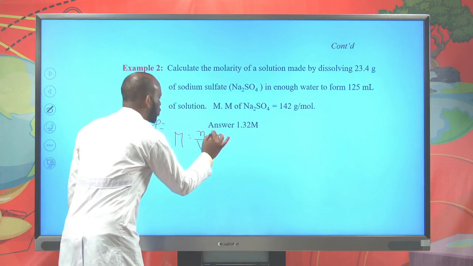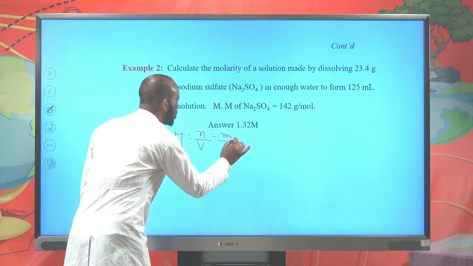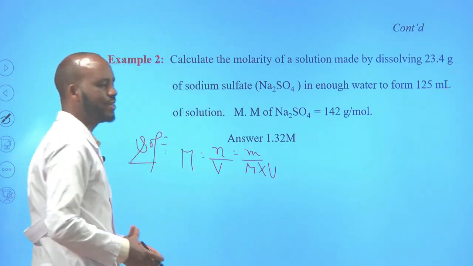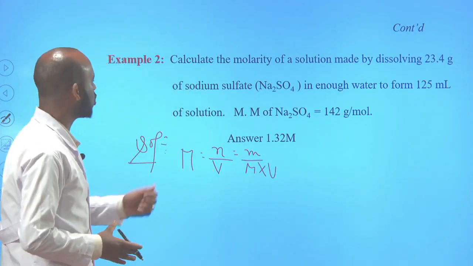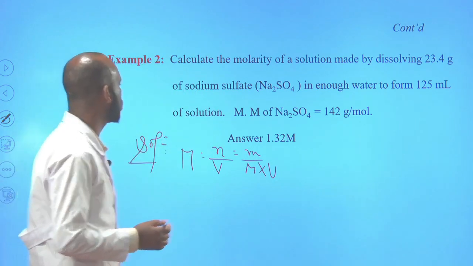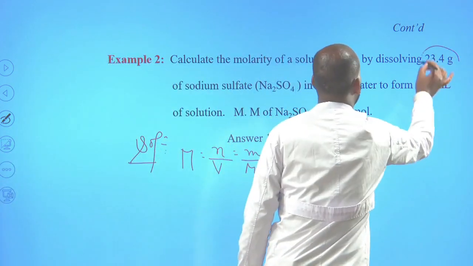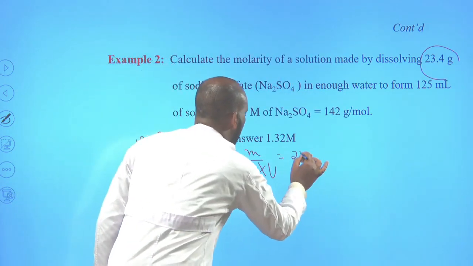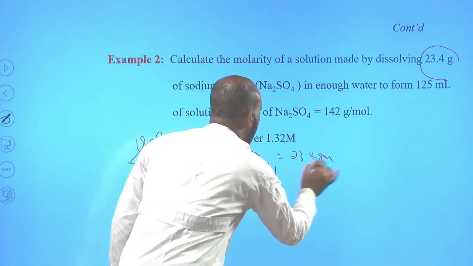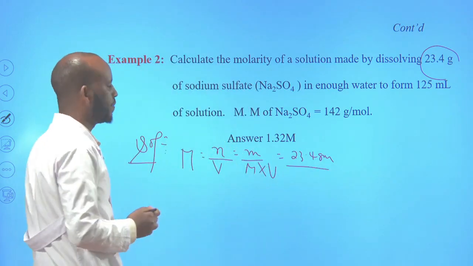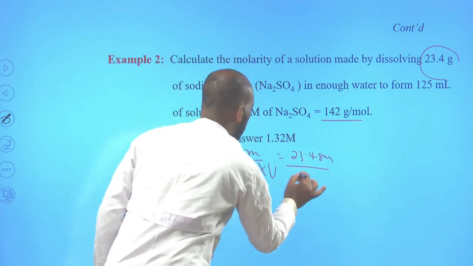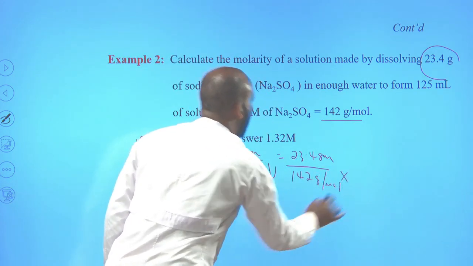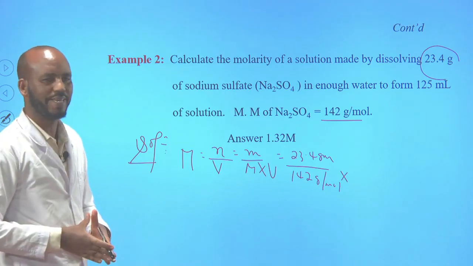But number of moles of solute is mass of solute divided by molar mass of the solute. Mass of solute is 23.4 gram of sodium sulfate, divided by molar mass of 142 gram per mole, times volume of the solution in liter.